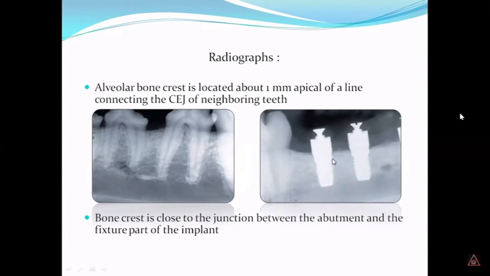This is the implant and this is the abutment. So in the case of an implant, your alveolar bone crest is usually located between the abutment and the implant junction.